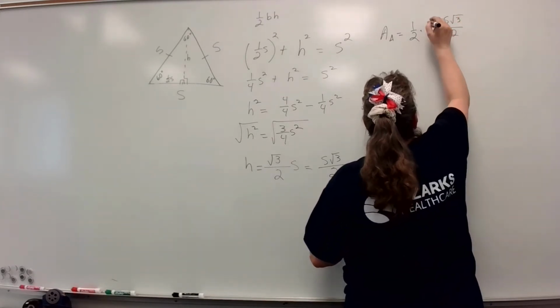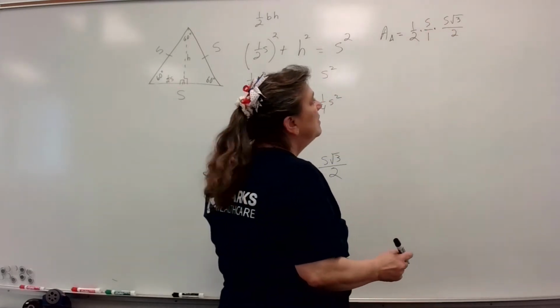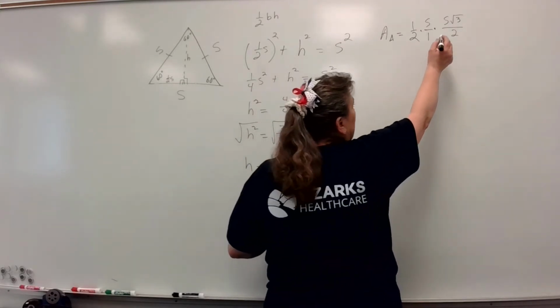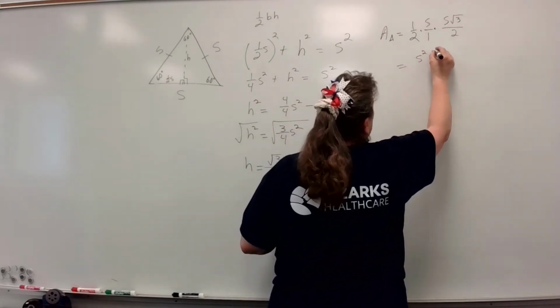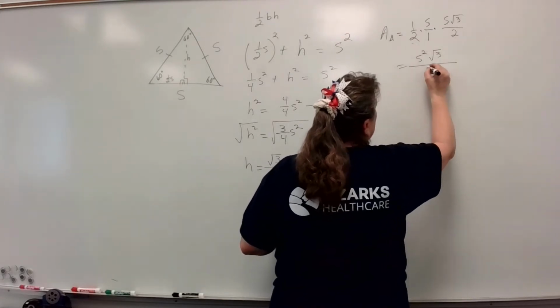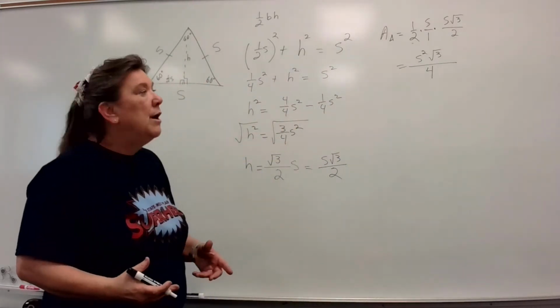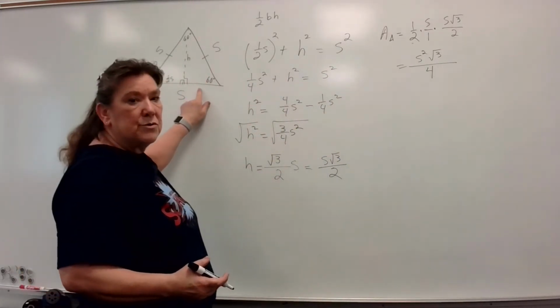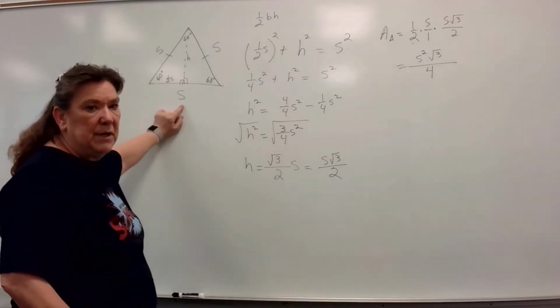And we can write this S as S over 1 so that they're all at the same level. And I end up with S times S is equal to S squared, square root of 3, over 2 times 2, which is 4. And that gives me the area of an equilateral triangle. And whatever the side is what my S is going to be.